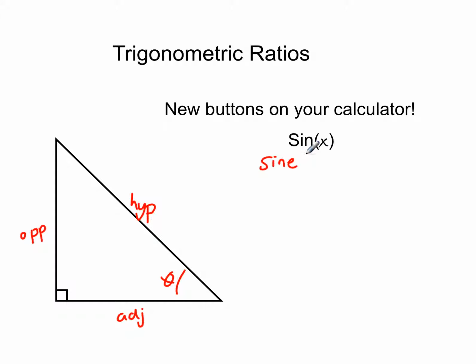So the sine of theta is going to be equal to the length of the opposite side divided by, or over, the length of the hypotenuse.